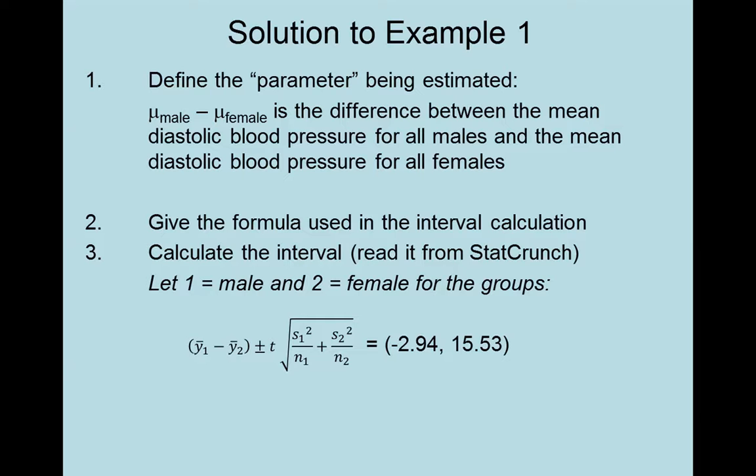Keep in mind, in mathematics, the word difference implies the answer to a subtraction problem. Give the formula and calculate the interval. So I might say, let 1 be males and 2 be females, then write the general formula, and that equals, and then I just read the output from StatCrunch, negative 2.94 to positive 15.53.